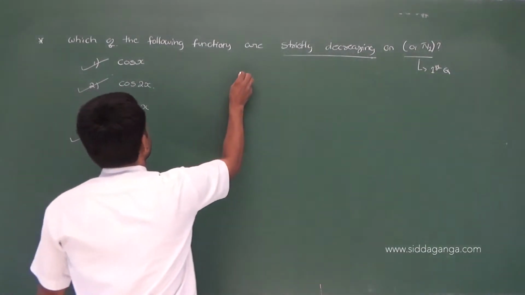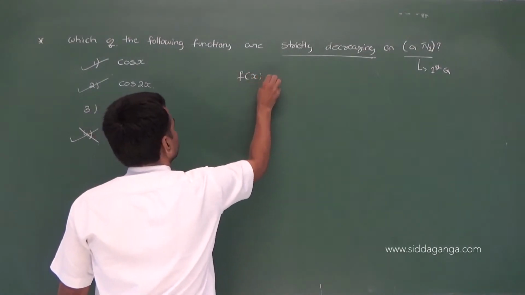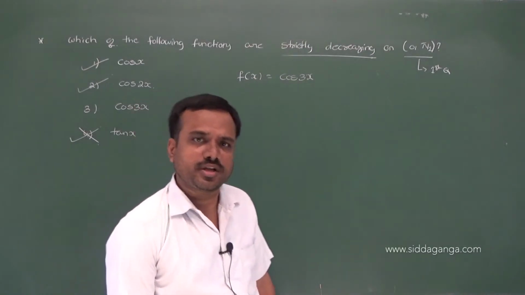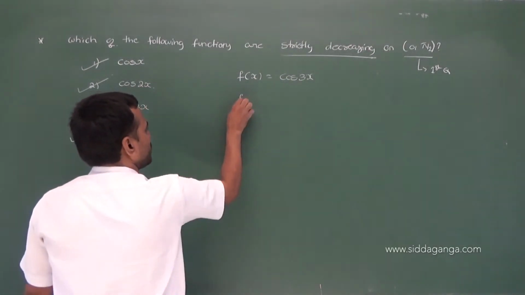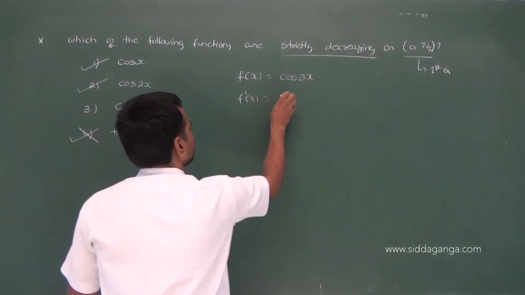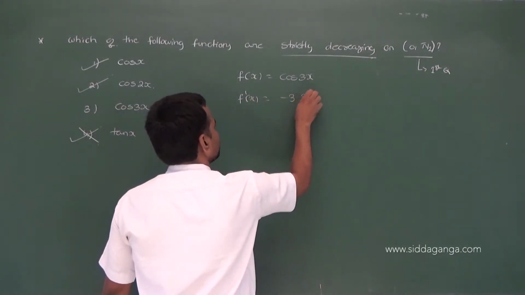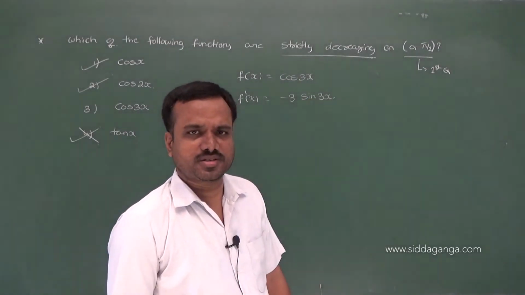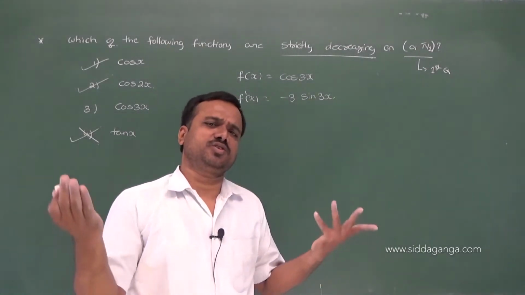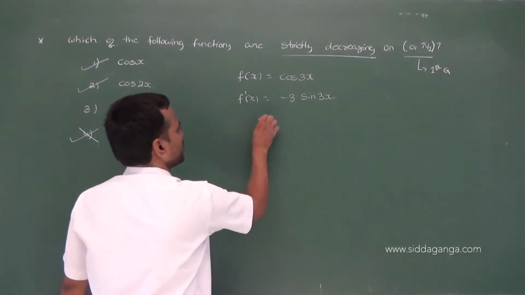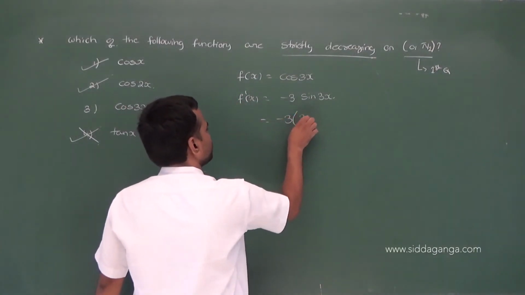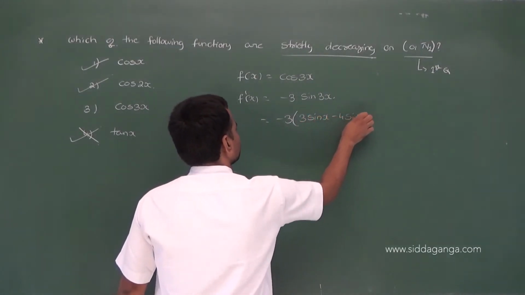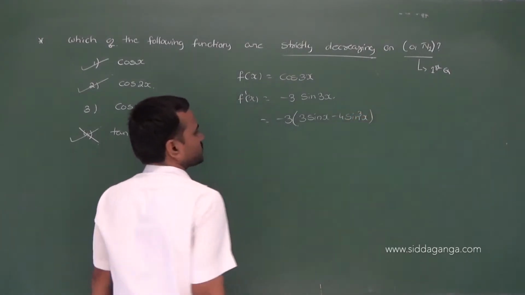f of x is equal to cos 3x. Differentiate: f dash of x is minus 3 sin 3x. Directly we can say that sin 3x is positive. Or else we write it like this: minus 3 into (3 sin x minus 4 sin cube x).